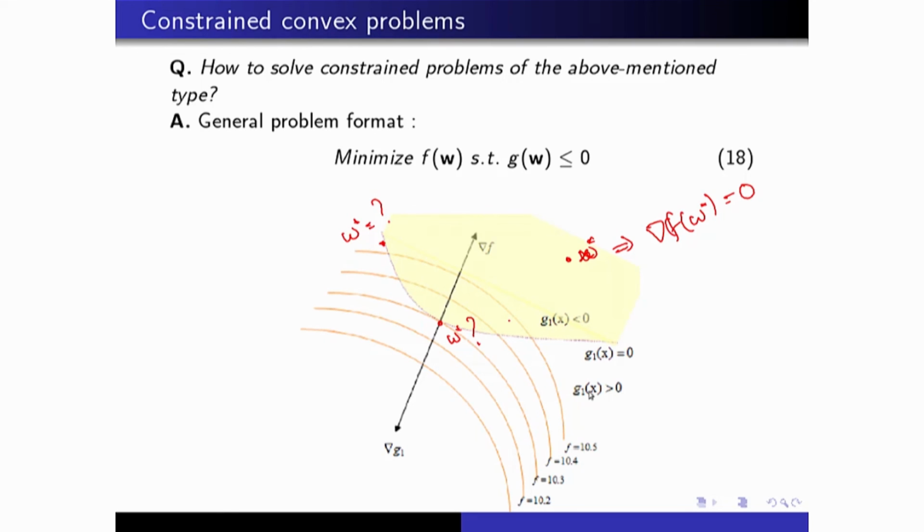The answer is that you can visualize the gradient of f to be decomposed into two parts: a component along the direction of the gradient of g_1 and a component perpendicular to the direction of the gradient of g_1. So we'll consider the gradient of f to be a linear combination of these two, let's say theta and alpha.